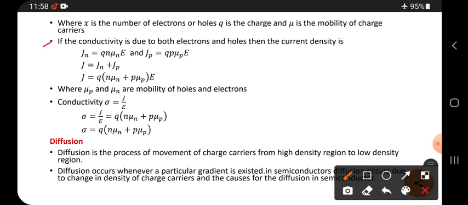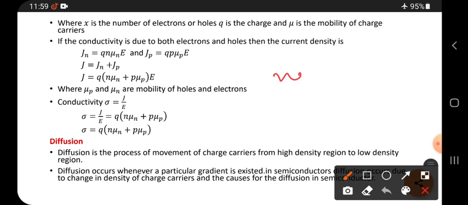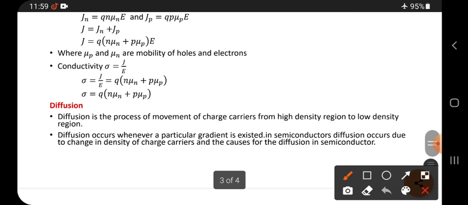If the conductivity is due to both electrons and holes, then the current density due to electrons is q n mu n E, and due to holes q p mu p E. So the total or net current density is this because of holes and electrons, where mu p and mu n are the mobilities of holes and electrons.